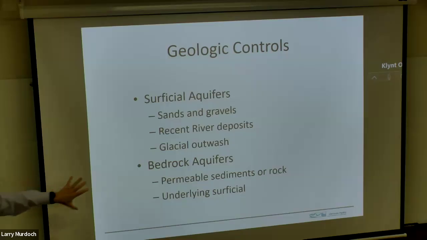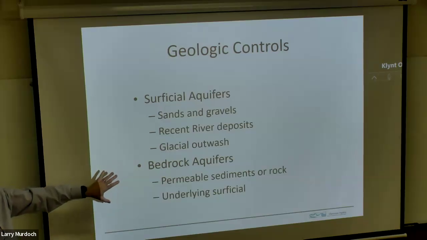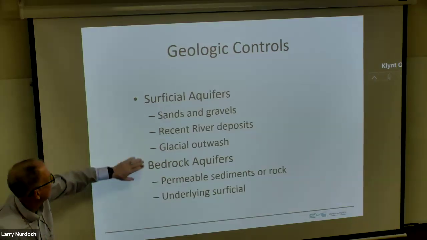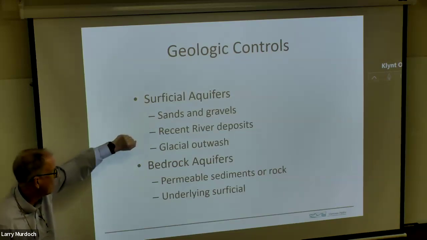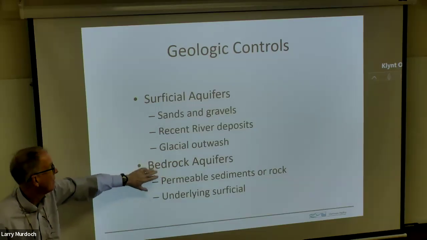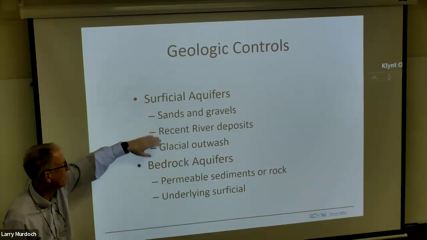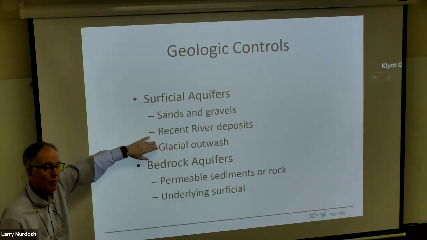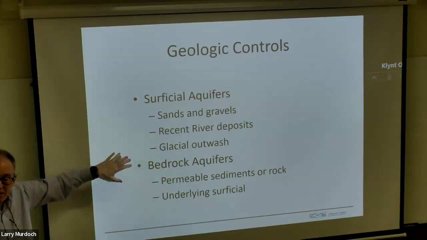One is going to be what the bedrock is composed of. And then the superficial aquifer, this is stuff that's on top of the bedrock that's not related to the bedrock. This is sands and gravels from recent rivers or glacial deposits.